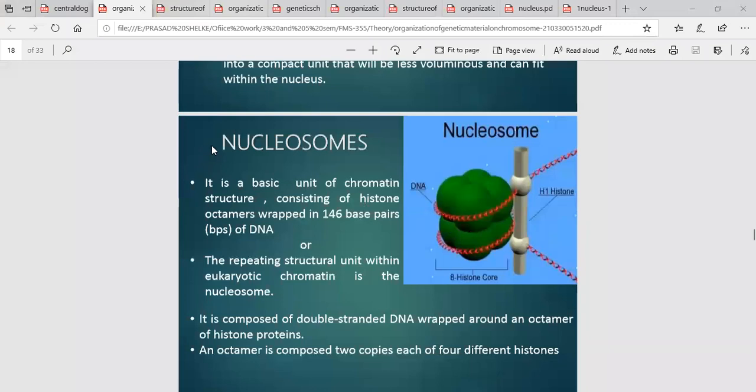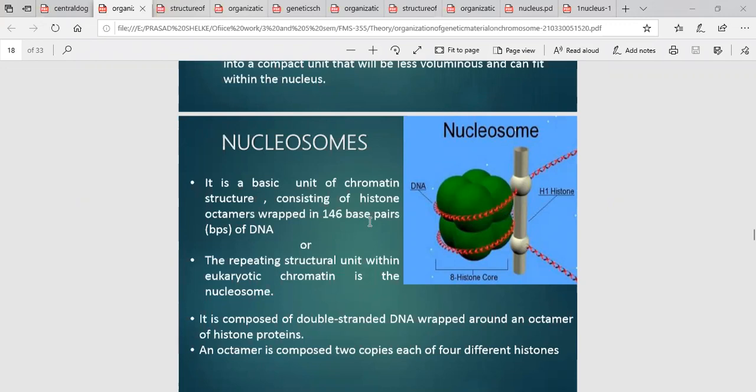At the first stage, this DNA is compounded and forms a nucleosome. The nucleosome contains a linear or helical string of DNA wrapped around histone protein. Those are the histone proteins which are required for the compaction of DNA, and this nucleosome is an intermediate phase during the compaction of DNA.